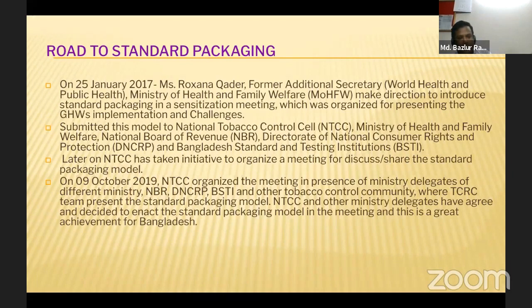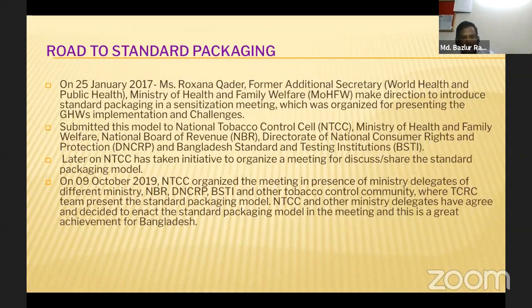And on 9th October 2019, the Ministry of Health, I mean the National Tobacco Control Cell, organized a meeting in the presence of different ministry delegates, the National Board of Revenue, the Director of National Consumer Rights Protection, and all the tobacco control community in Bangladesh who are currently working, where we presented the standard packaging model.